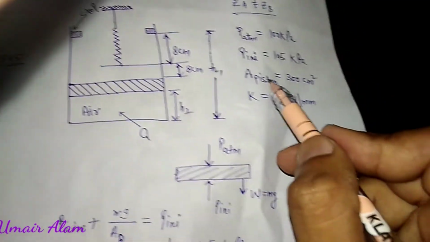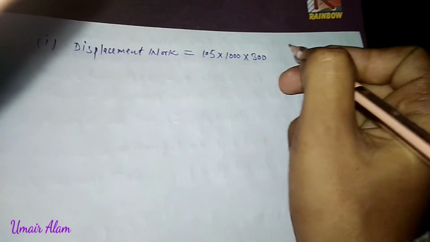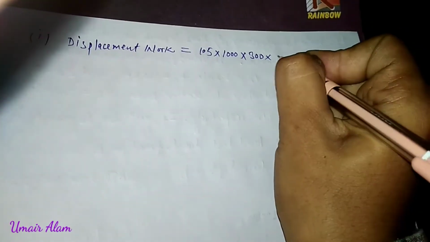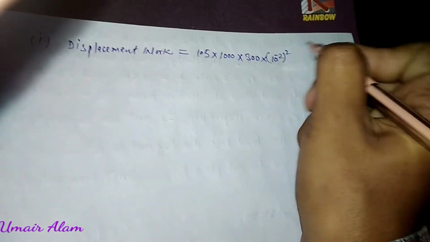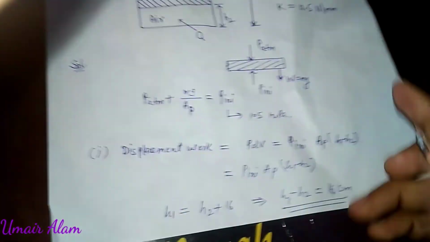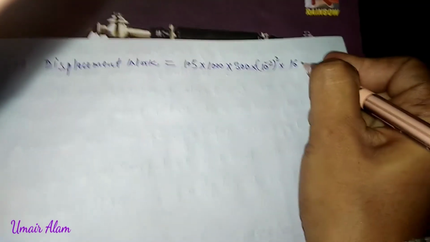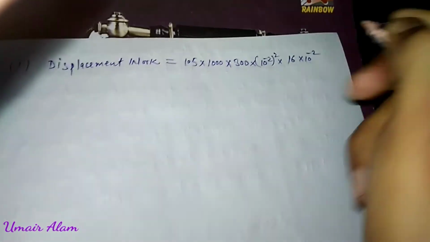Area of piston is 300 centimeter square, so we convert it into meter square, which is 300 into 10 to the power minus 4. And h1 minus h2 is 16 centimeter, converted into meter as 16 into 10 to the power minus 2.